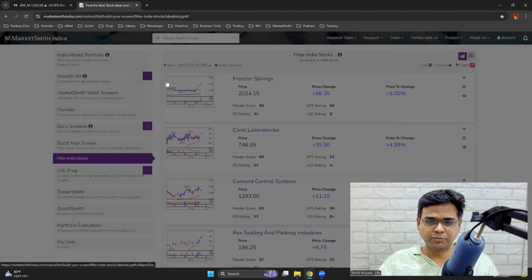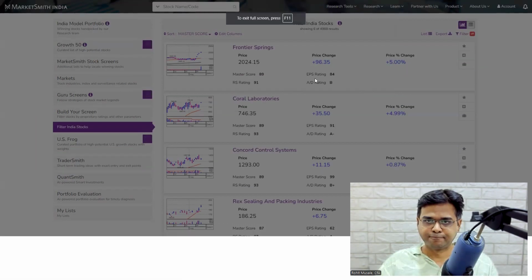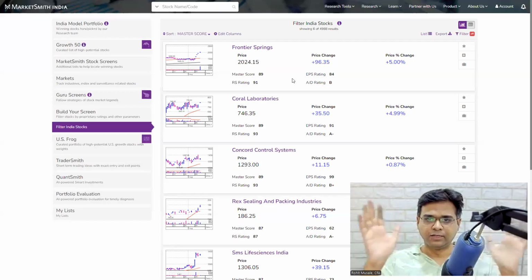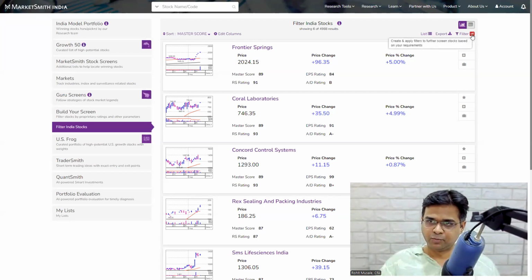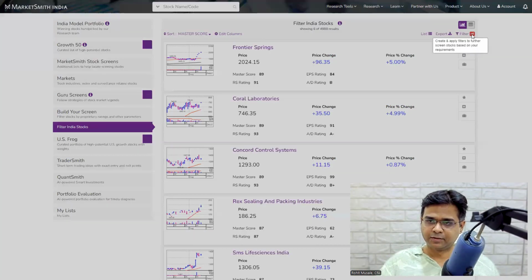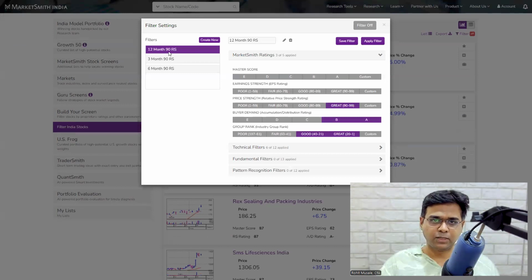What does this mean? What is happening here? Just a second. Hold on. Let it stabilize, maybe because of the internet connection or whatever. Okay, now it seems to be stabilized. Now let's try to put the filter. I click here. Okay, so this is the 12-month 90 RS filter.